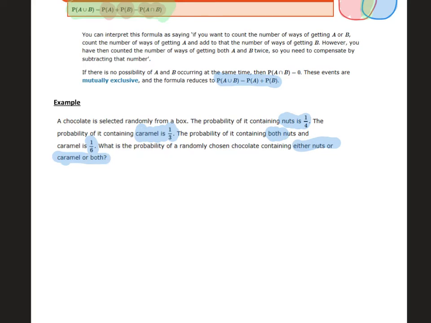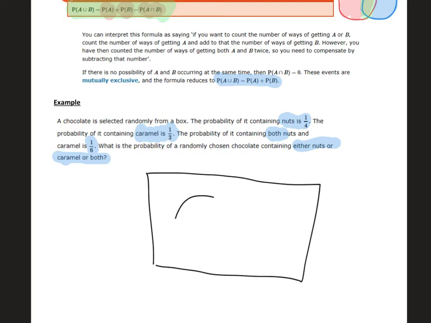So let's have a go at drawing a Venn diagram for this. So 2 circles, nuts and caramel. If we can, we always try and fill in the middle first. So in the question, does it tell us the probability of both happening? Yeah, it does. It says that's 1/6. Now it says for nuts, it's 1/4.